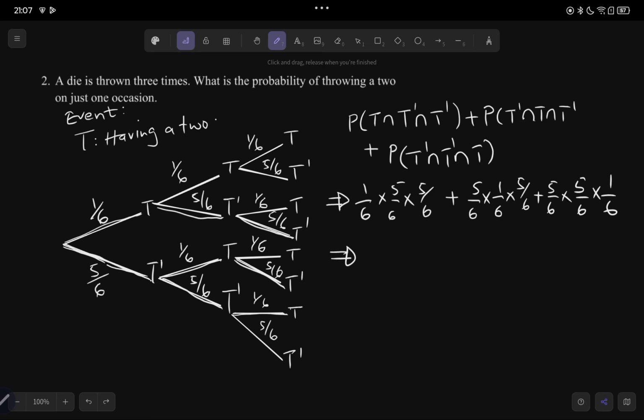So this one we end up getting 75 out of 216, giving the answer as 25 out of 72. That is the answer we have got from following all those branches.